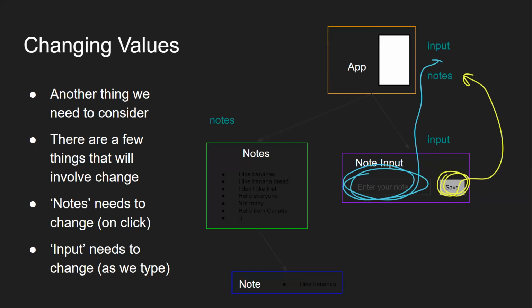But can note take different input from different siblings? Hannah, feel free to unmute and clarify your question. Here there is one child for the app for the input. If there is another child for the input, can it take the input from both children?